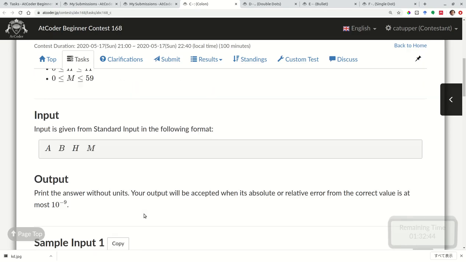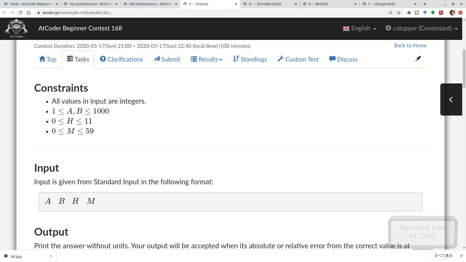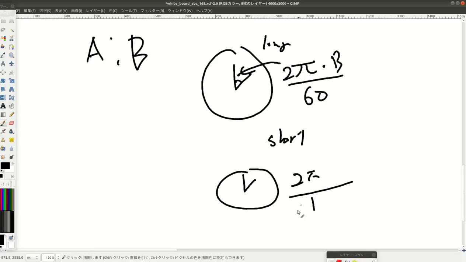No, 12 is right, and times H. Okay, that's all. And what is the coordinate? The position of the unfixed endpoints is just sine.